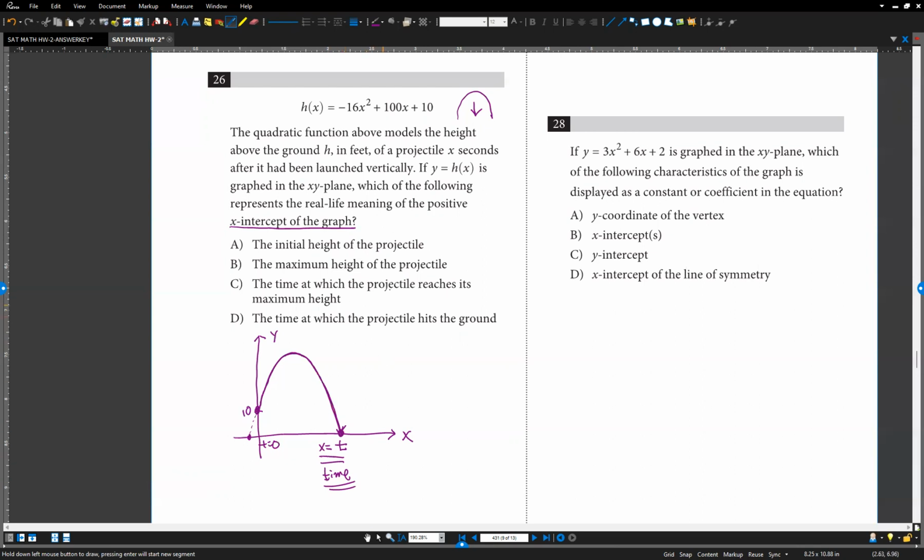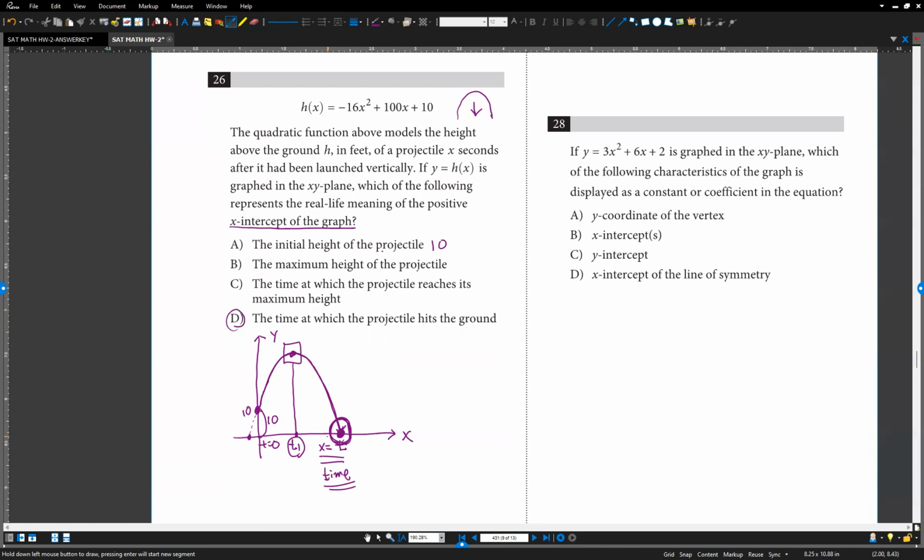How can you find when it hits the ground algebraically? But this is the answer anyway. The initial height is 10. That is not this, they are talking about this point. Maximum height, this point. The time at which the projectile reaches the maximum height, they're asking about that time. But they are asking you about this point, the time at which it hits the ground.